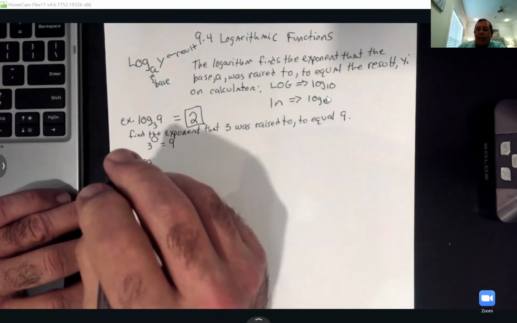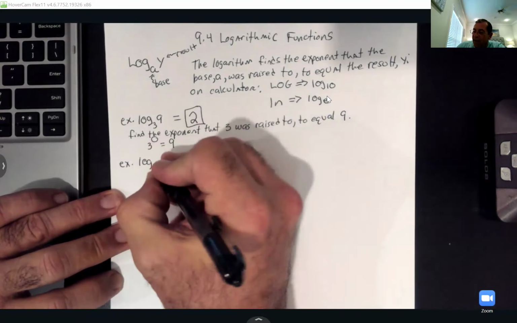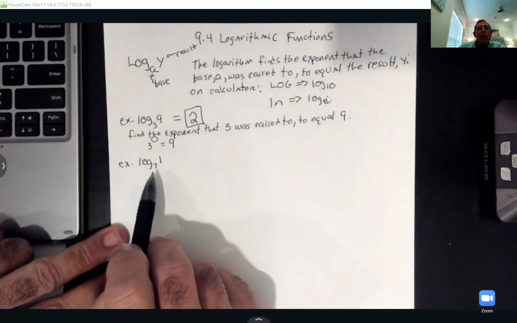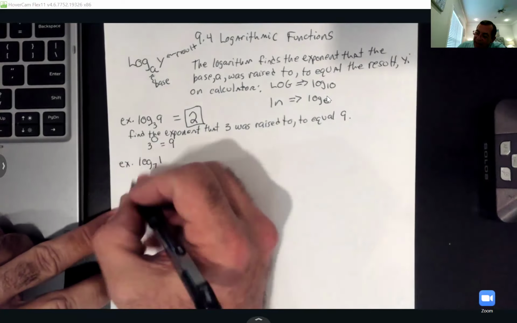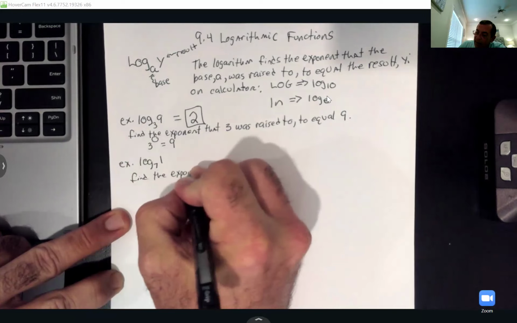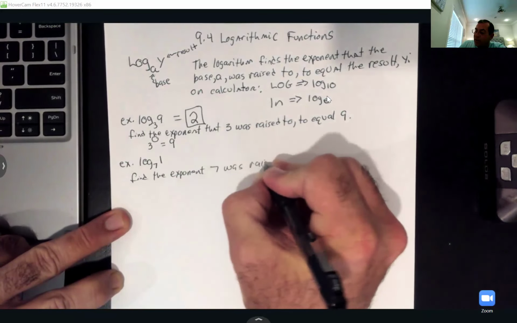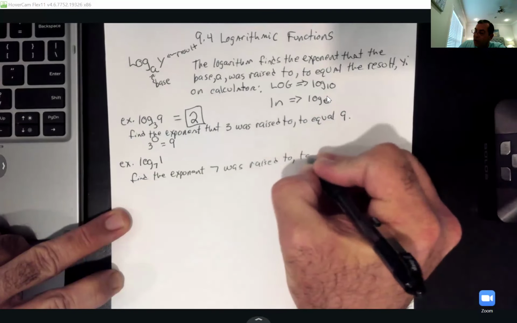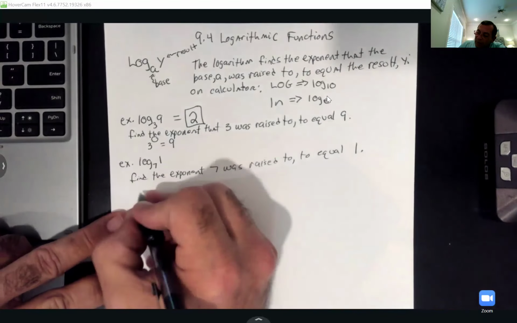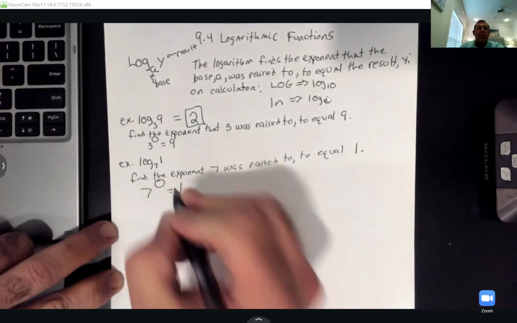All right, y'all, try this one. How about log base 7 of 1? This is going to find the exponent 7 was raised to equal 1. So this would be like 7 to some exponent is going to equal 1.